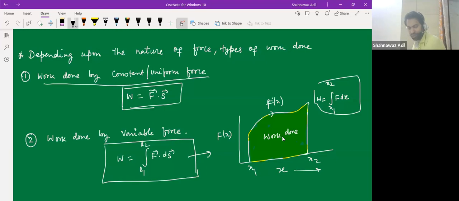Because you guys just went from 10th standard to 11th, and that is totally different. Whatever you learned in 10th and whatever you are learning in 11th is totally different.